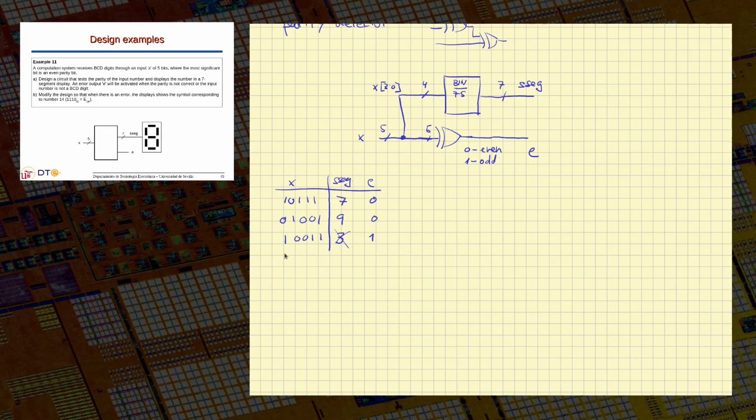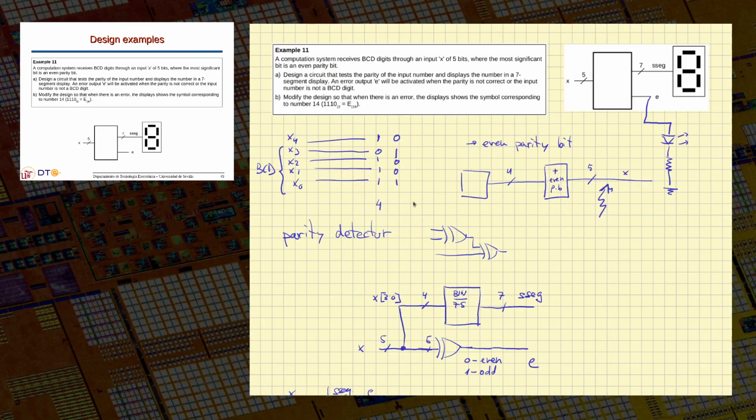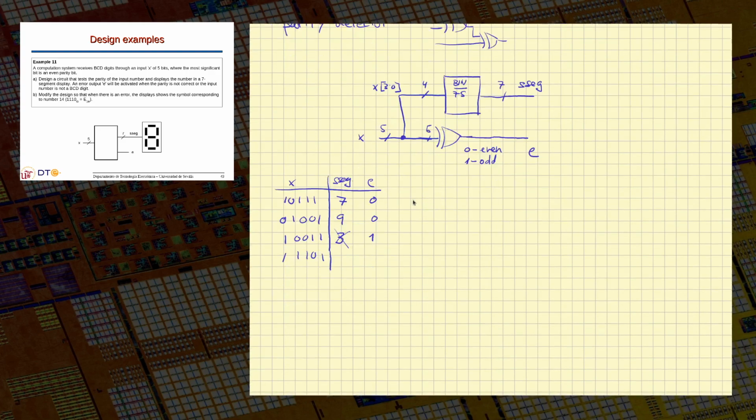Also, what happens if I get something like this? Imagine that I have 1 1 1 0 1. In this case, the parity is correct, it is even. Great, but what's the number that I take here?